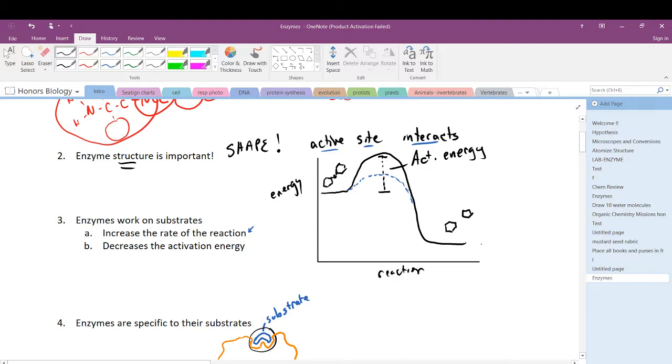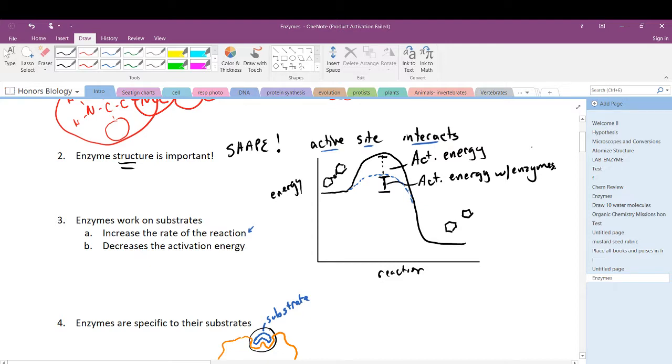You don't usually have a reduction in the activation energy alone. However, enzymes can very nicely work to reduce the activation energy. So the smaller hill is the activation energy with enzymes. And that's why enzymes work.